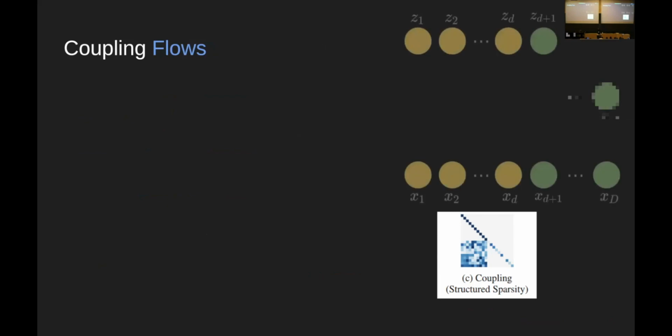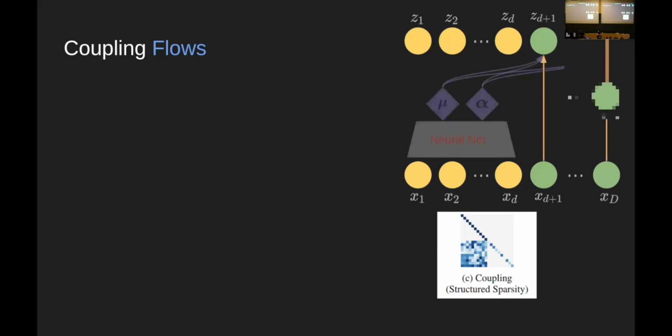How do we get this structure on the Jacobian? If we have some data X and we want to transform that to Z, we start by partitioning the dimensions of the data into two parts. You have some choice, but typically it's roughly 50-50. And then you transform the second half, and you do that conditioned on the first half.